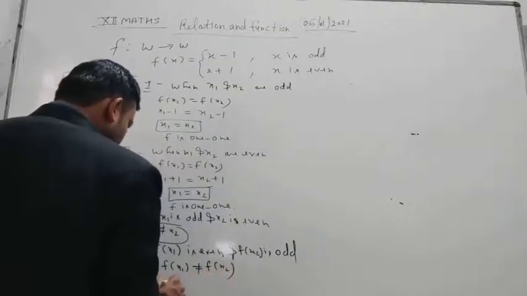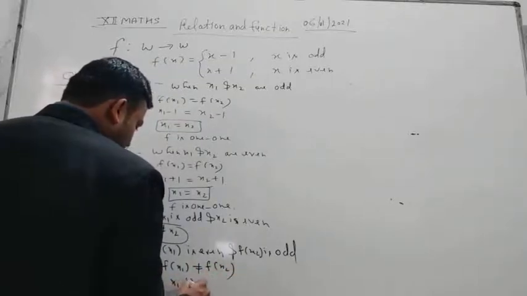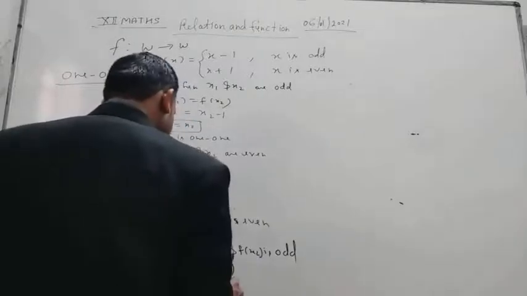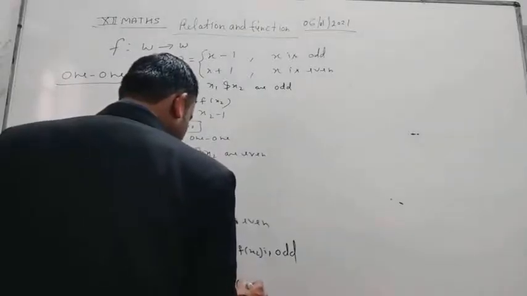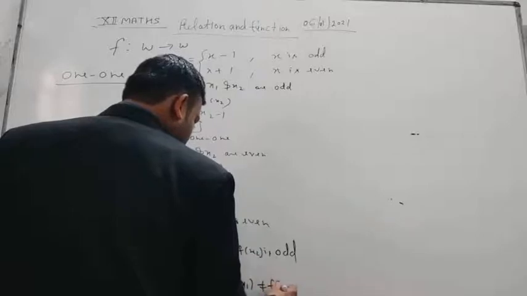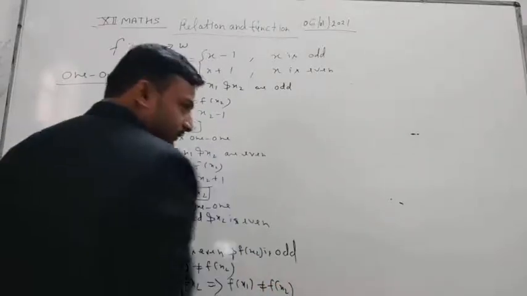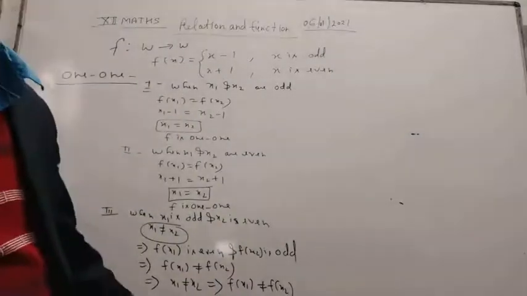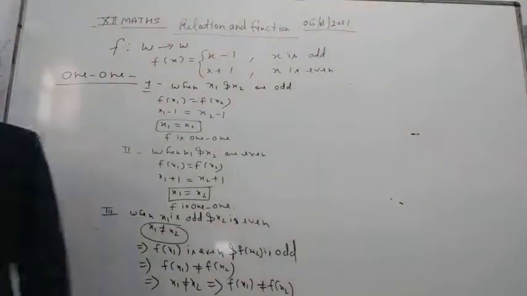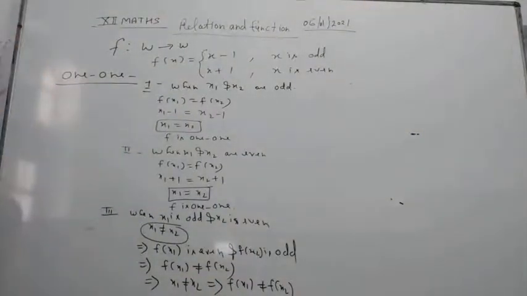Okay. It means that x1 is not equal to x2. This implies f(x1) is not equal to f(x2). So function is one-one. Okay. On the basis of this, we can say that function is one-one.